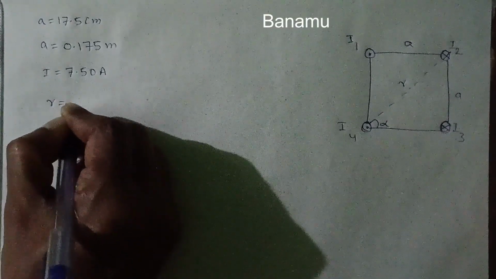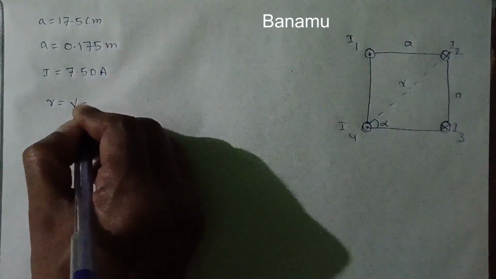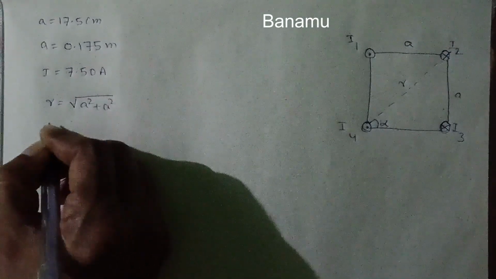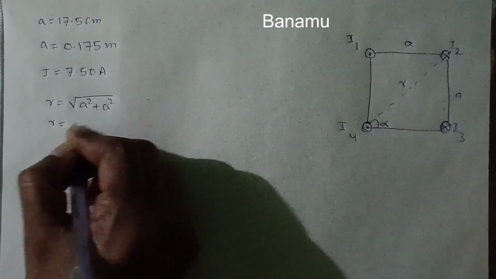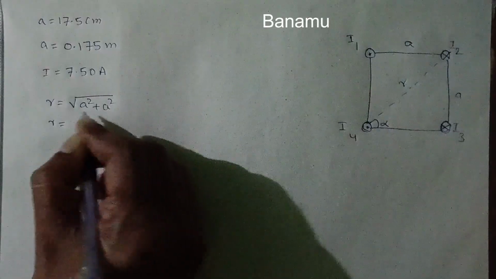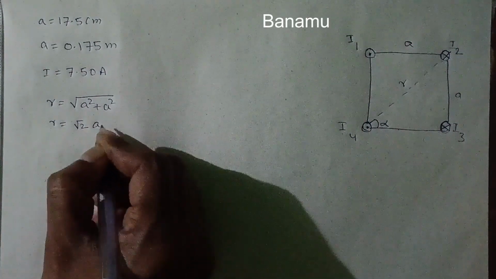R is equal to the square root of a squared plus a squared, which is the square root of 2a squared. So R is equal to root 2 times a.